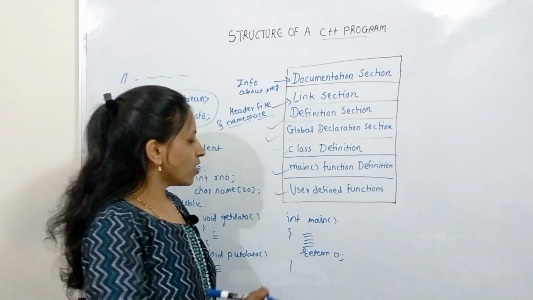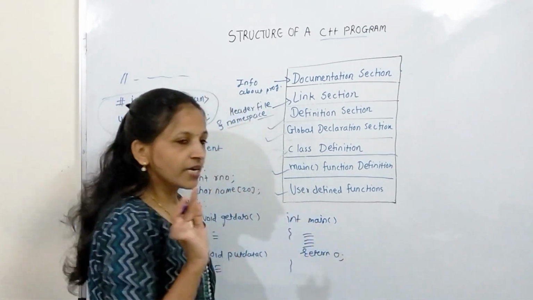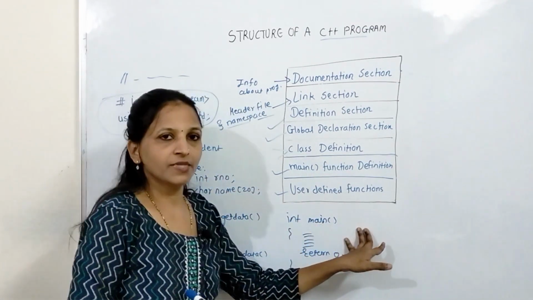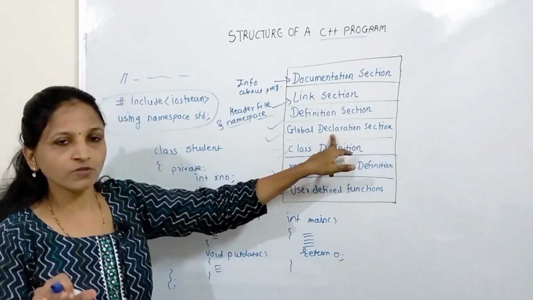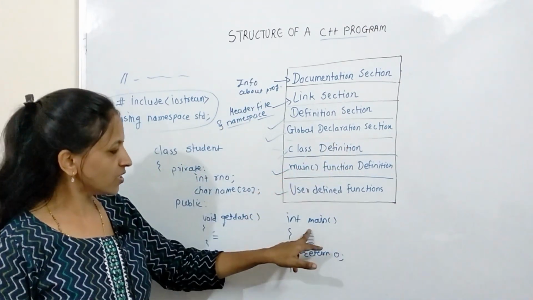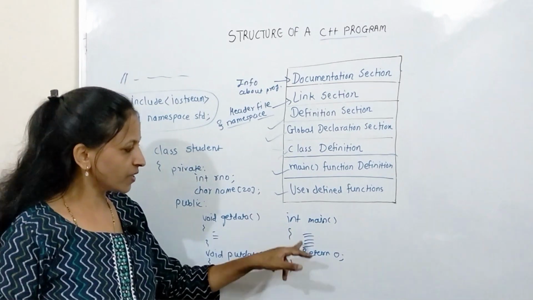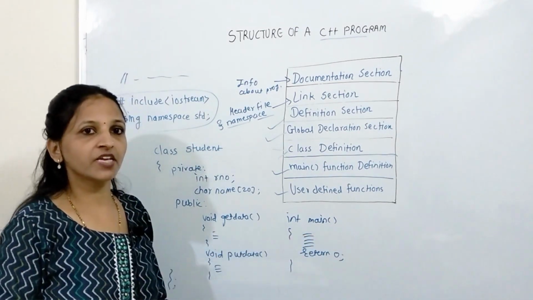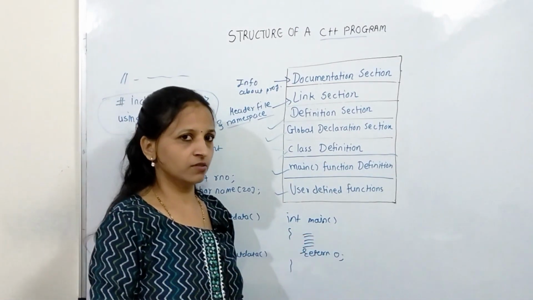Getting? Now see, here we can create any number of local variables. In this section we write or declare global variables, and inside main we can declare local variables, if you need those.